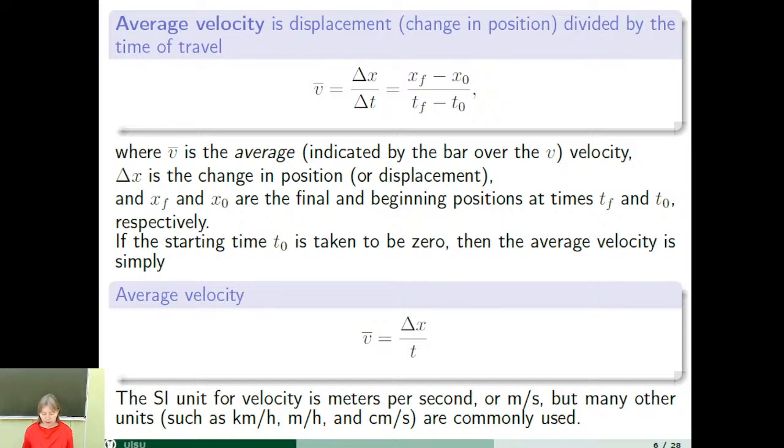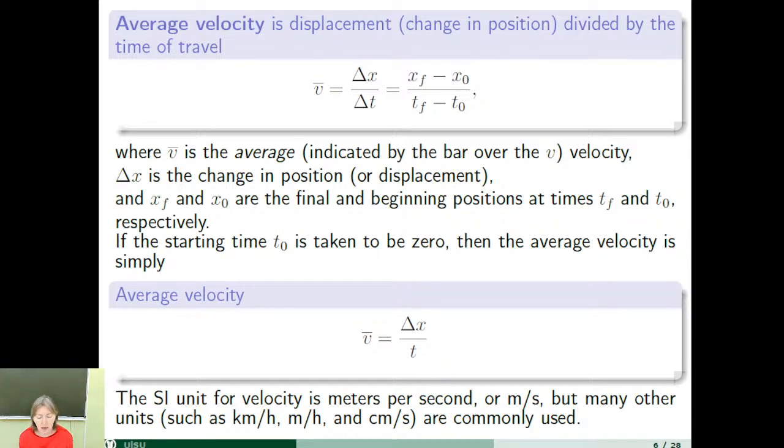If the starting time t0 is taken to be 0, then the average velocity is simply delta x divided by t.